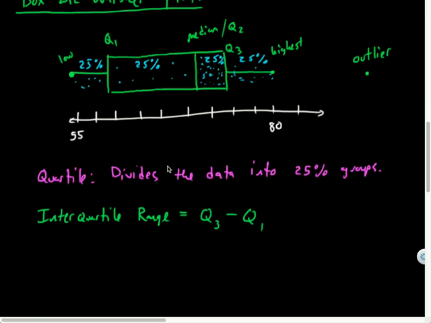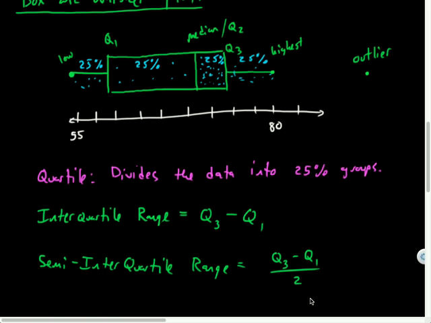And then there's also this concept called the semi-interquartile range. Which is going to be the average distance, or half the distance between those two chunks, which I guess the semi-interquartile range would end up being kind of like this distance.